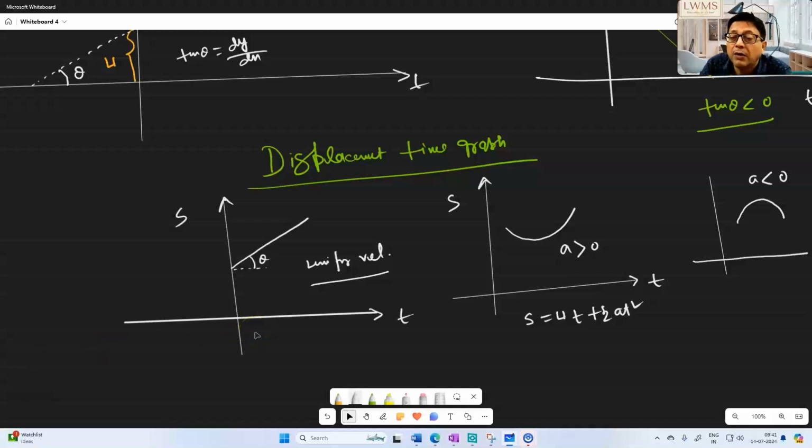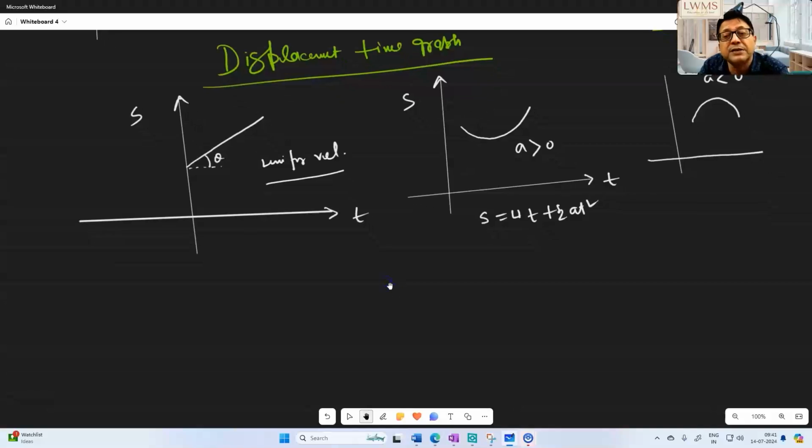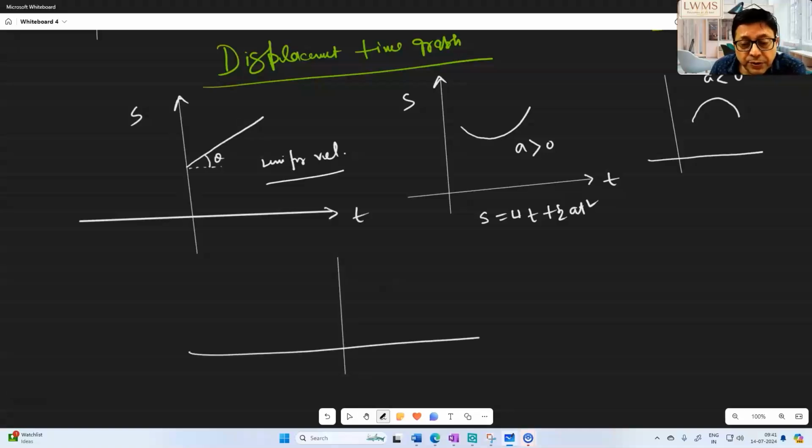Now, if the displacement time graph or any graph is a curve, not a straight line, then a problem arises. You have to remember that when it is a curve, the tangent drawn at a point will give you the direction, and the slope of that tangent is actually given by the derivative at the point.